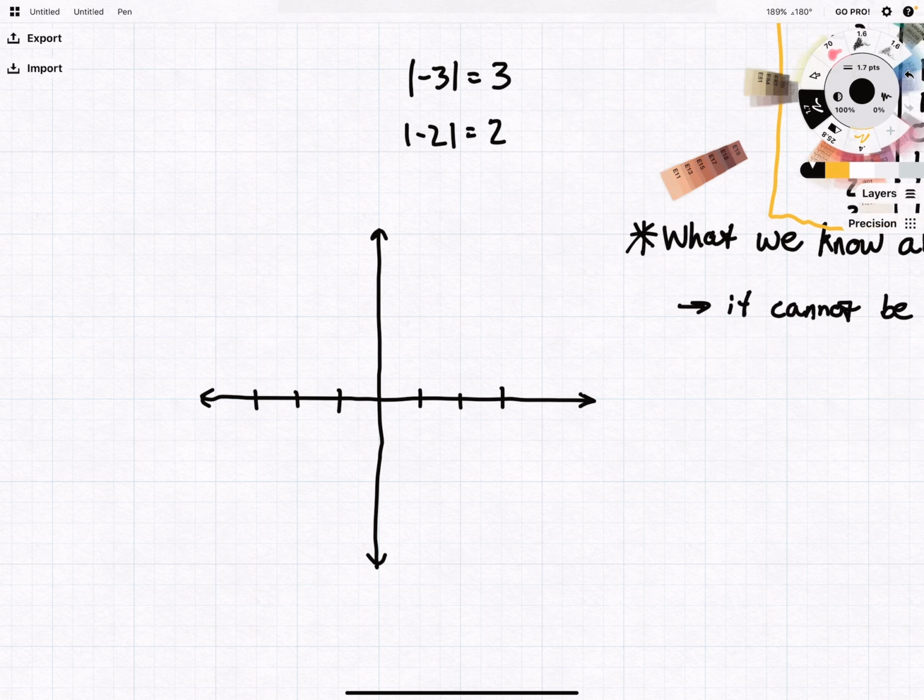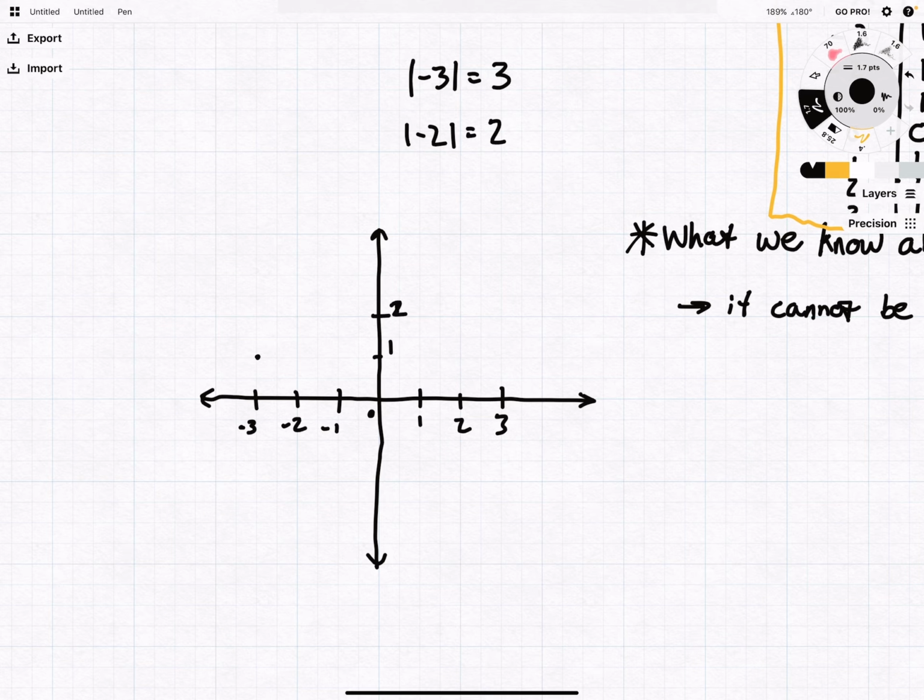We have -3, -2, -1, 0, 1, 2, 3. At -3 we had 1, at -2 we had 1, at -1 we had 1, at 0 we had 0, and 1 is 1, 2 is 1, 3 is 1. Everything pretty much looks like it's 1, except for this general area here that I have circled.